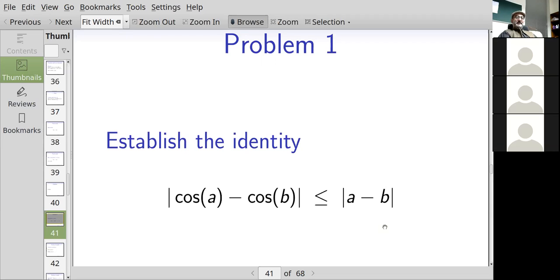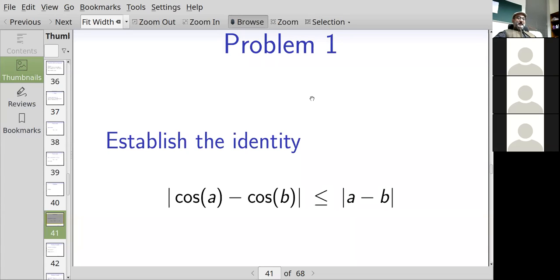Is it continuous on the closed interval from a to b? Yes, cos is continuous everywhere. Continuous everywhere, right. Is it differentiable on the open interval from a to b? Yes, cos is differentiable everywhere. Sure, cos is differentiable everywhere, so it's differentiable on any open interval that you might think of.